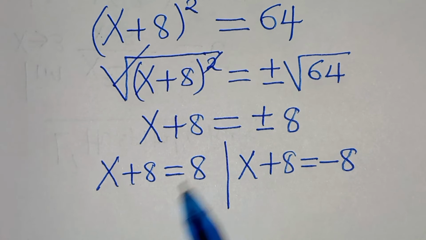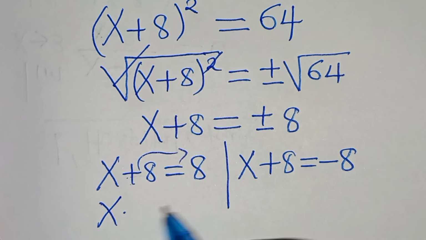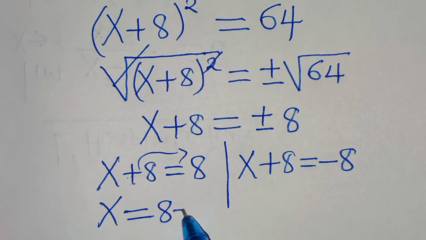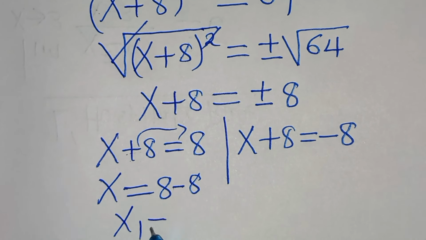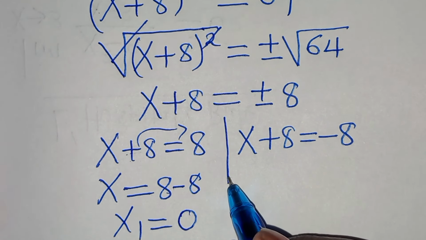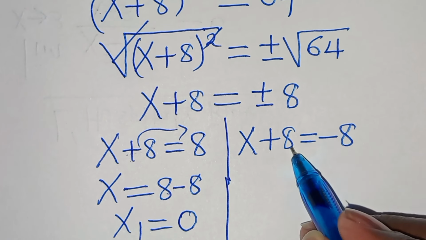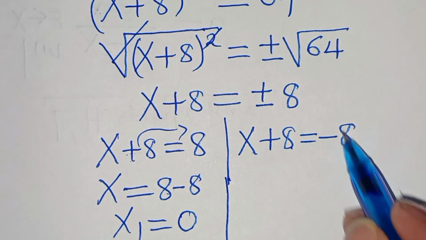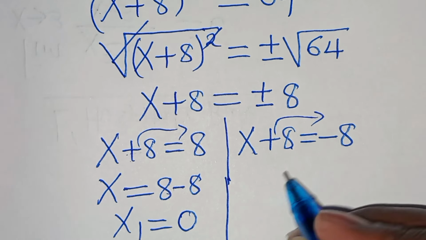In the first case, let's take plus 8 to the right-hand side. So x is equal to 8 minus 8, which means that x1 is 0. In the second case, x + 8 is equal to minus 8, so let's take plus 8 to the right-hand side.